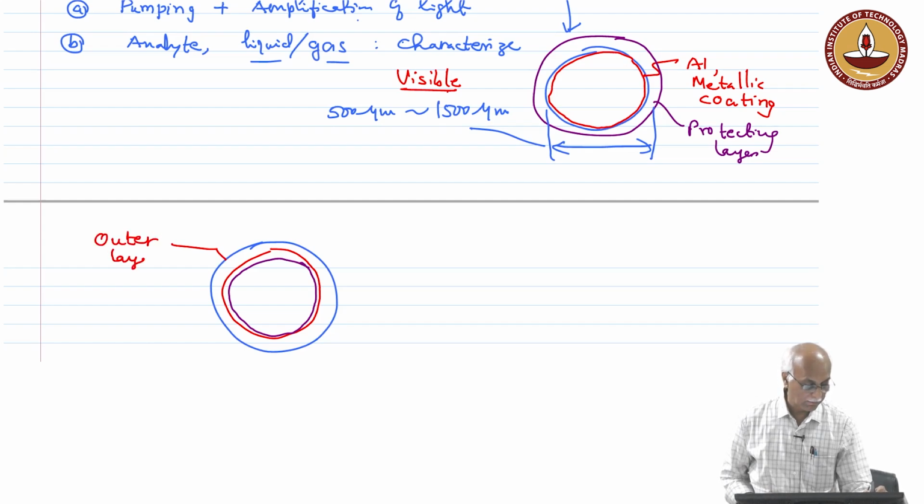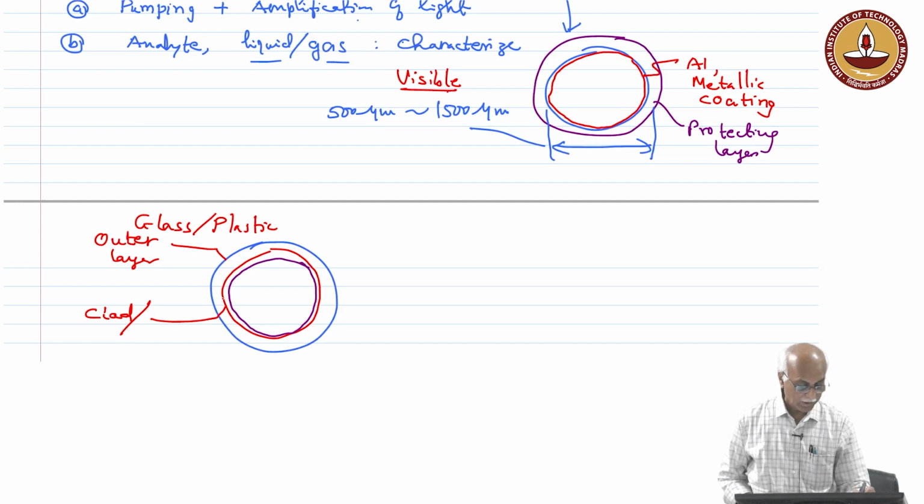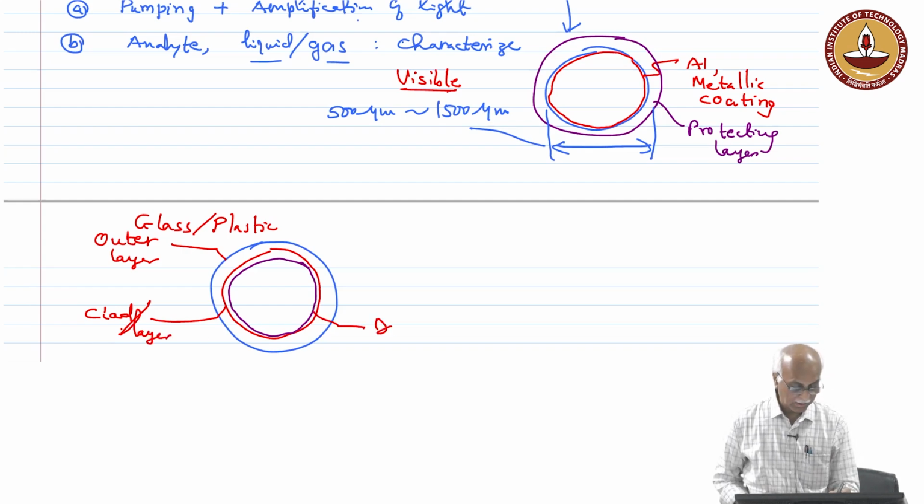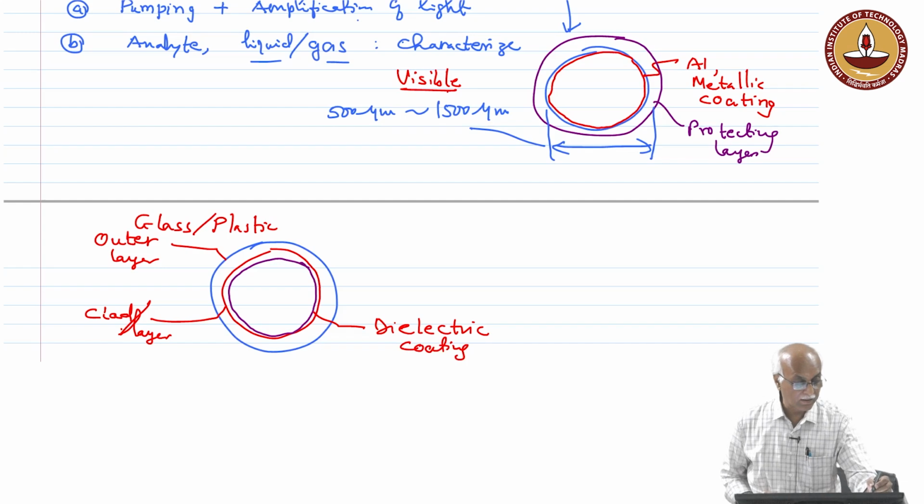It may be made up of glass or plastic, and inside it will have a clad layer with a slightly less refractive index, and the inner one is dielectric coating, to allow infrared light, near infrared or infrared.